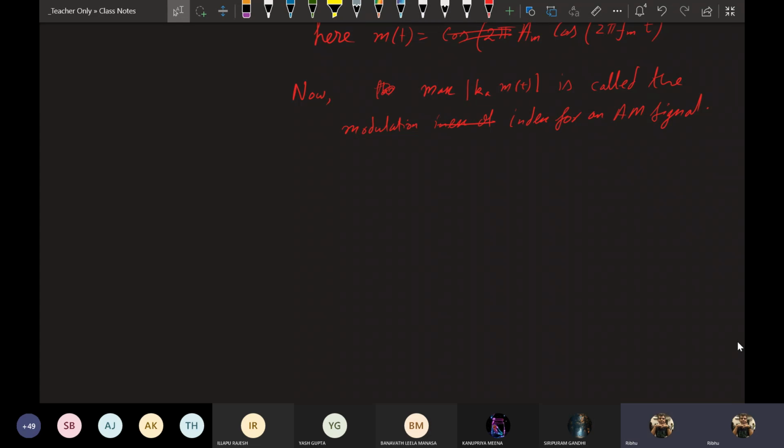So also this S(t), or max of S(t), equals A_c times (1 plus k_a), right?